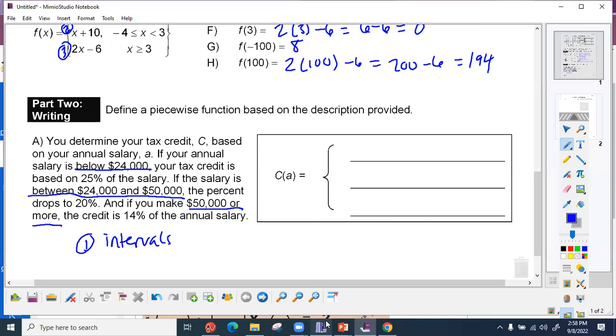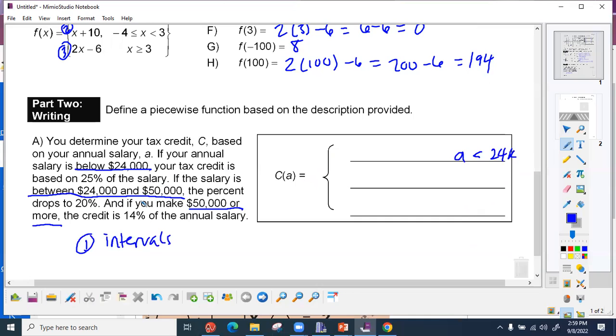Everything's in terms of A. So if your annual salary is less than 24K, that's our first interval. And it said less than, so notice how we put a strictly less than symbol.